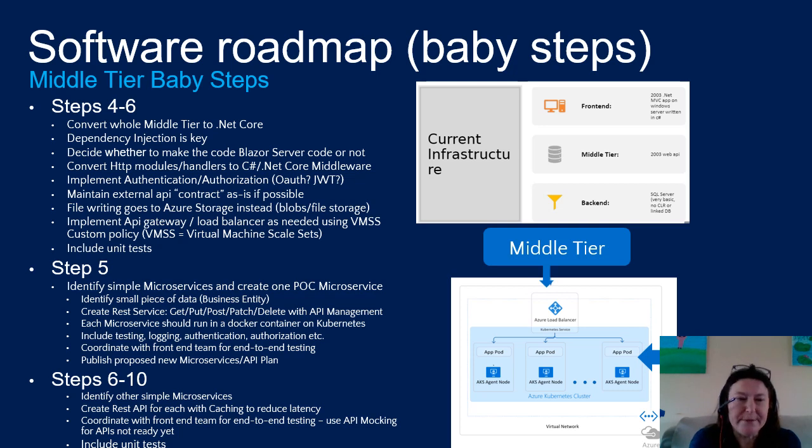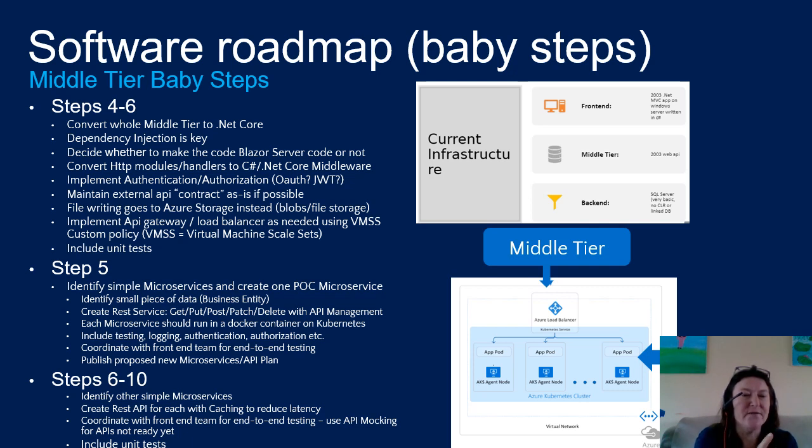One of those steps might be to convert the whole of the middle tier monolith to .NET Core, if it's not already in .NET Core, to make it all built using dependency injection so that you can do good unit testing and so on, and you can make everything loosely coupled. You might have to decide what you're going to do with the middle tier in terms of, are you going to make it into Blazor server code, or are you going to just use C# .NET Core code?